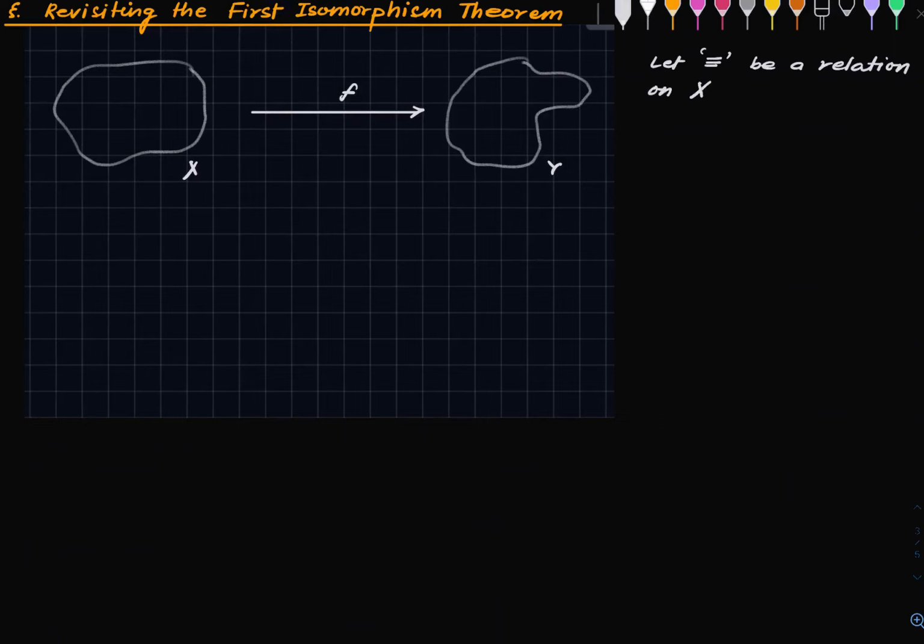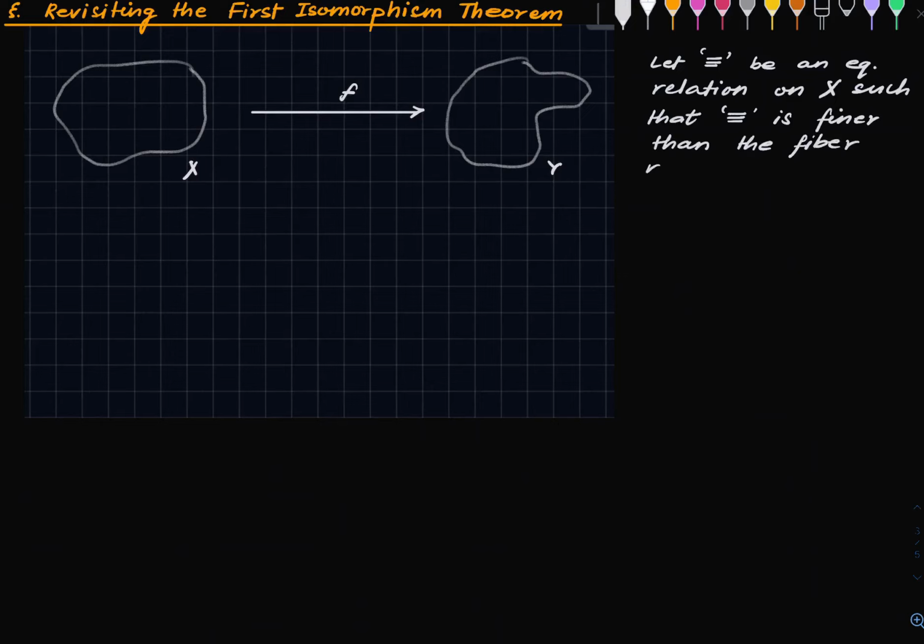This be an equivalence relation, not just some relation on X such that this guy is finer than the fiber relation. What does that mean?